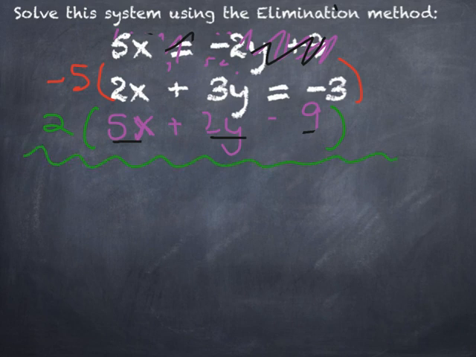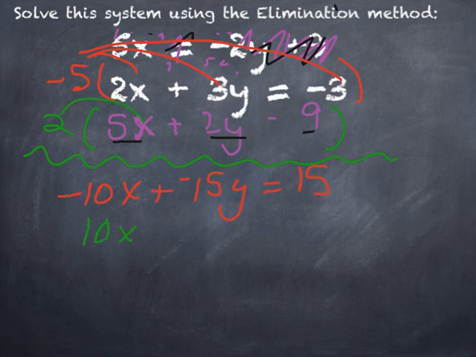So let's do that. Remembering that it's an equation, I need to make sure that I do the same thing to every term. That's going to give me negative 10x plus negative 15y equals positive 15. And then if I multiply that second equation by 2, I'm going to get positive 10x, then positive 4y, and then positive 18.